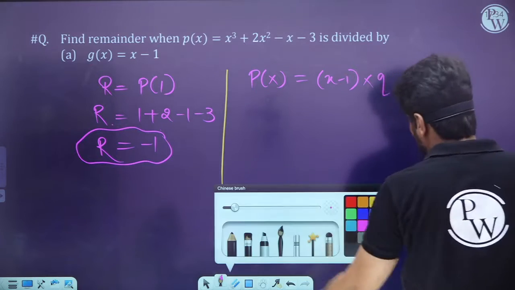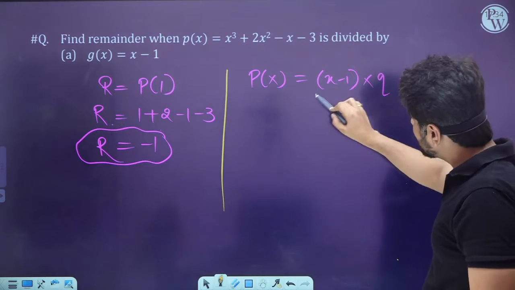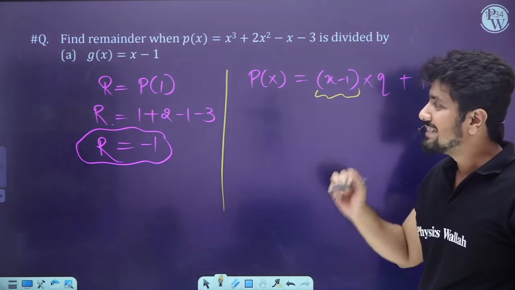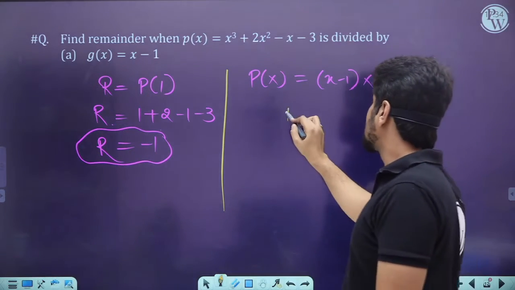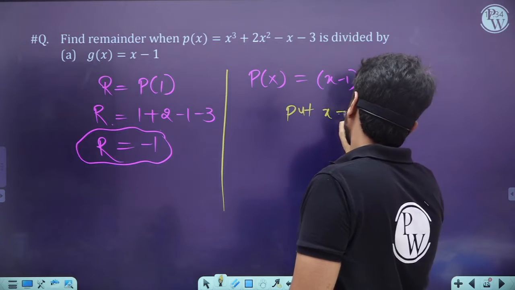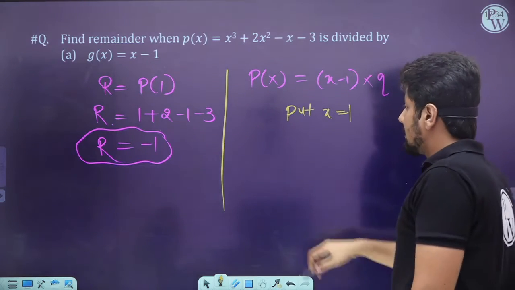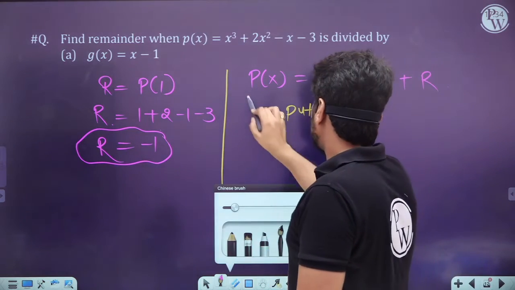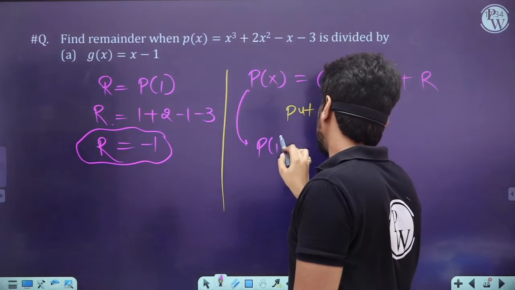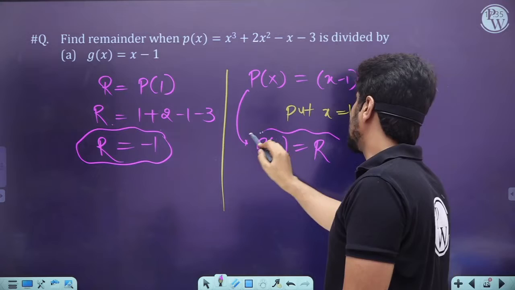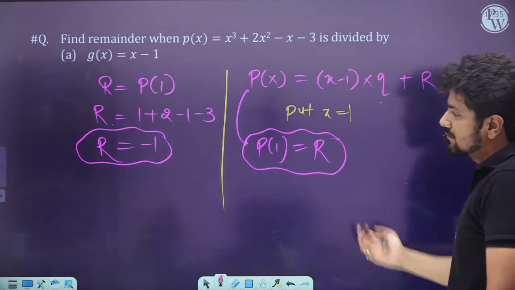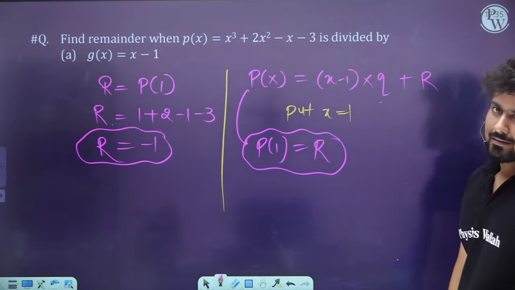To get this value of remainder, I need to put that value of x where this divisor term becomes 0. So if I put x is equal to 1, in the left hand side, I'll be getting p of 1, and this term becomes 0, and that will be the remainder. That I have directly written.